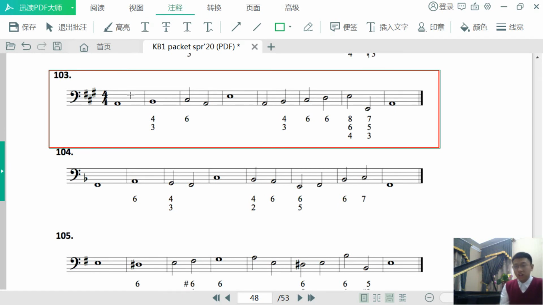So although in the keyboard class we study only 1-4-5-1 with only four chords, right? And we study the CP4 with 1, 6, 4, 5, 1.